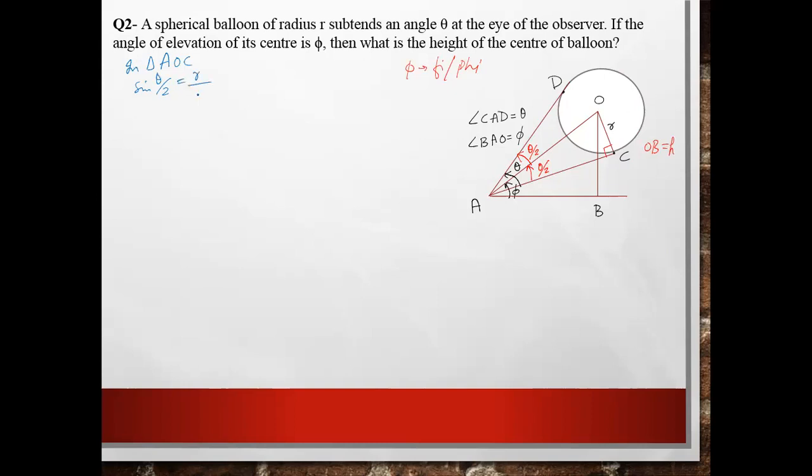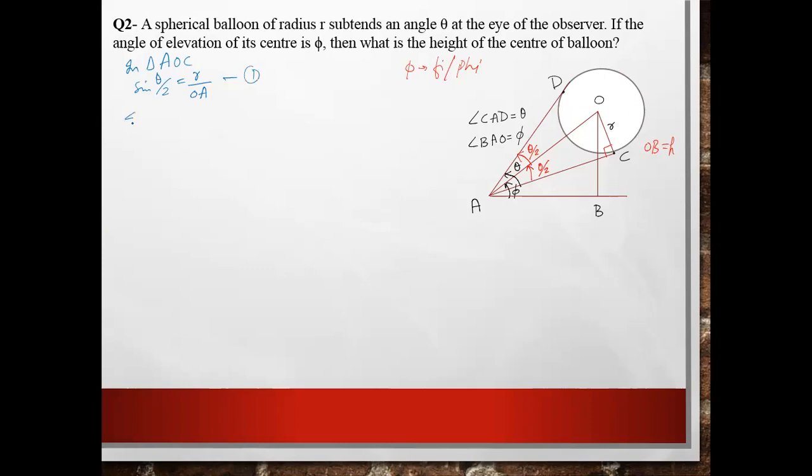Perpendicular upon hypotenuse is R upon OA, right? So I can write sine theta by 2 equals R upon OA. Consider this as equation number 1.